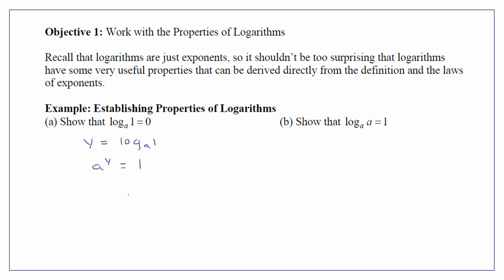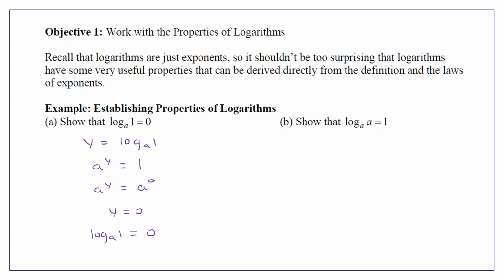We'll then write both sides with the same base: a to the power y equals a to the 0. Now that we have the same base, we can drop the bases and set the powers equal to each other. So y equals 0. Therefore, the log base a of 1 equals 0.